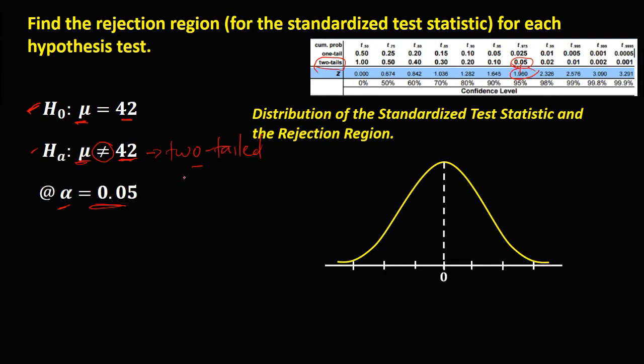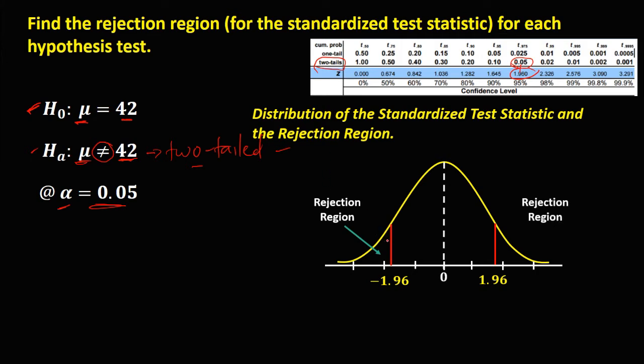1.96. Since two-tailed, therefore 1.96 to the left and also 1.96 to the right. But to the left, the sign is negative. This one is negative 1.96. And to the right, that's positive 1.96. So this is now the rejection region.